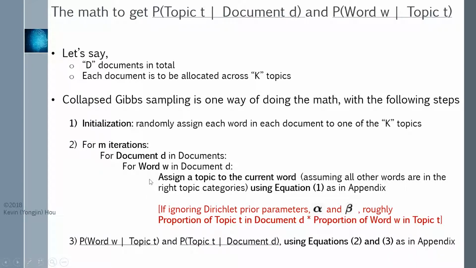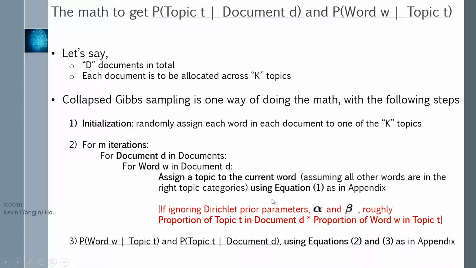Now, what we do is assume we do not know the topic assignment for this particular word at hand. But we do know the topic assignments for all other words, and we assume those are correct. We're trying to use that information to infer what the topic assignment should be for the current word, lowercase w, in the current document, lowercase d.